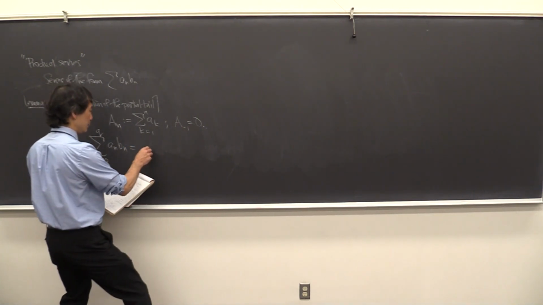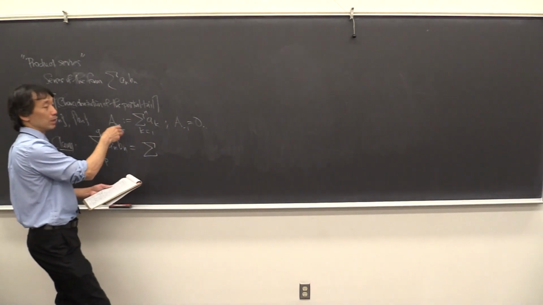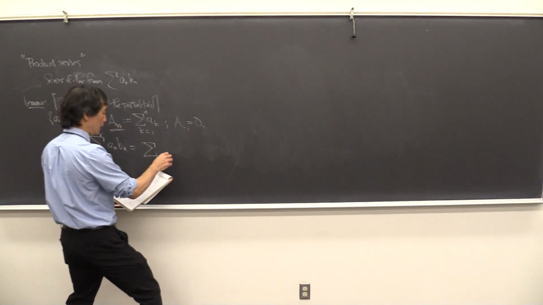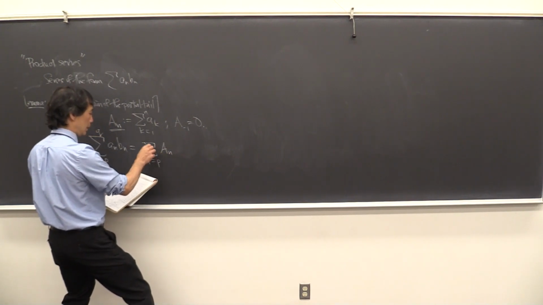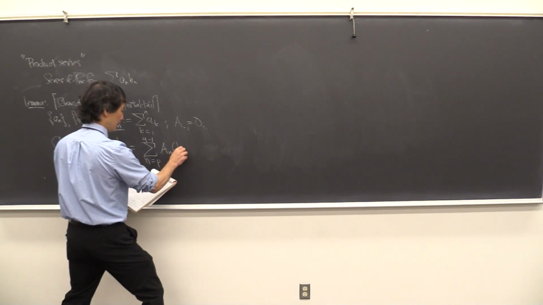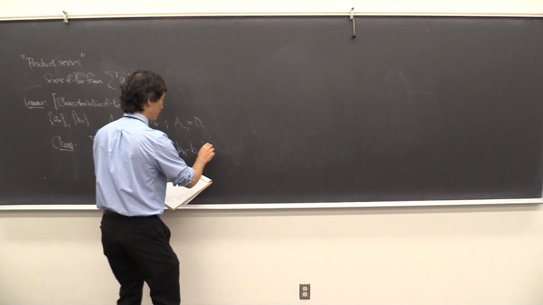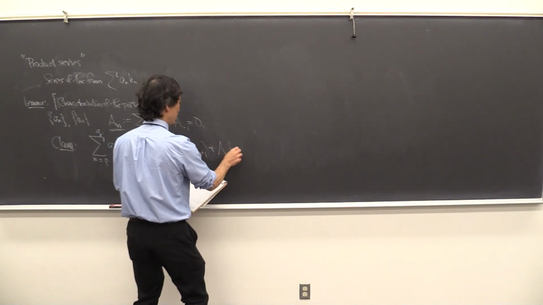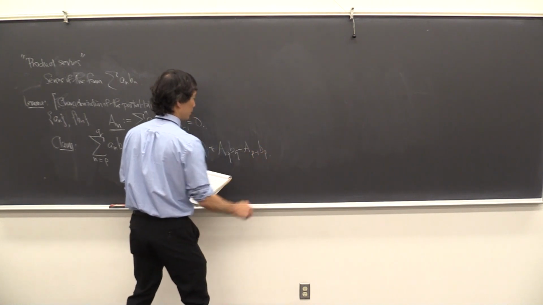You can express that in terms of the partial sums of the a's as follows. It's a summation from n equals p to q minus 1 of A sub n times (b sub n minus b sub n plus 1), plus A sub q b sub q minus A sub p minus 1 b sub p.